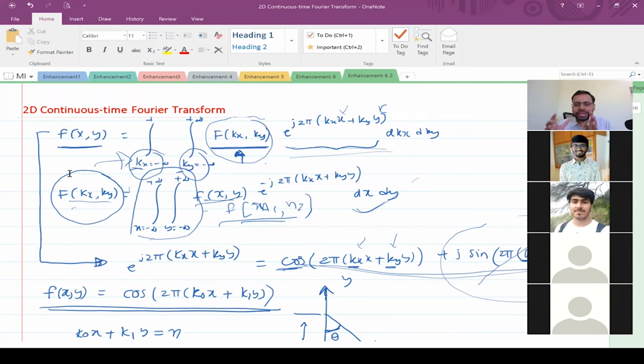You can already see that the copies are placed in both x and y directions, for both negative and positive values, at regular intervals. I want to recover my f of xy from the resulting inverse Fourier transform. So what should f of xy satisfy so that I'll be able to recover my signal?